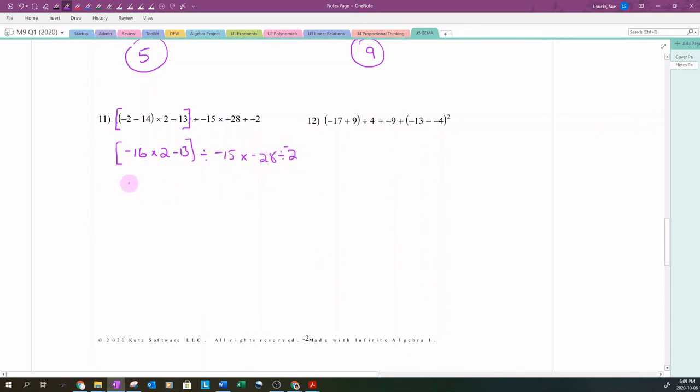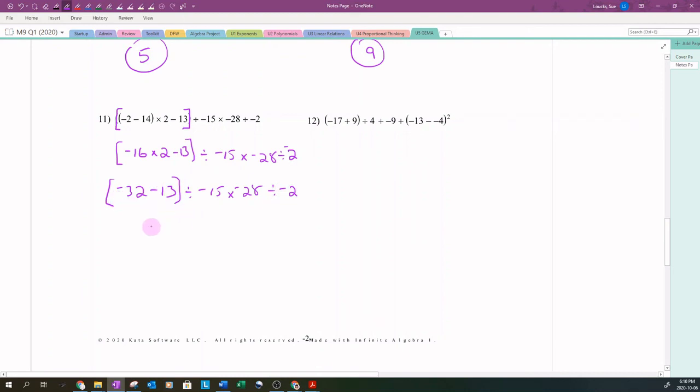Negative 16 times 2 is negative 32 minus 13. That is still in brackets. Divided by negative 15 times negative 28 divided by negative 2.